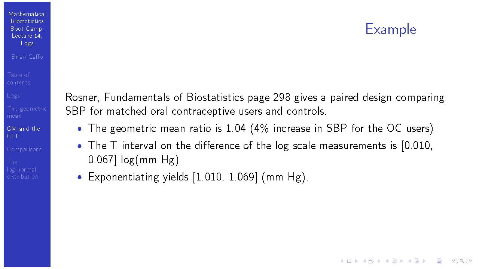So what you might do is take this list of things that you think might explain that difference and match on them, so that the person taking the oral contraceptive has a twin, in a sense, in the control group that, at least insofar as the other variables that you can measure, is very close. That's this idea of matching.